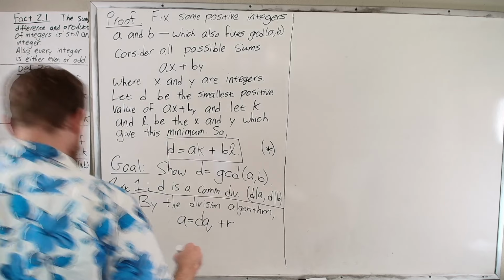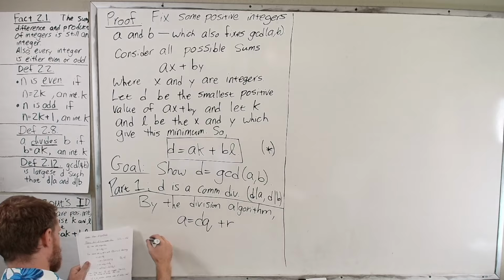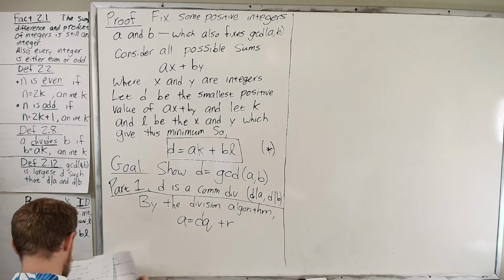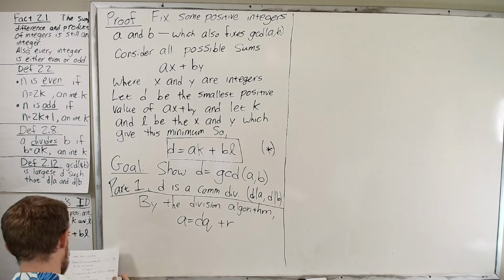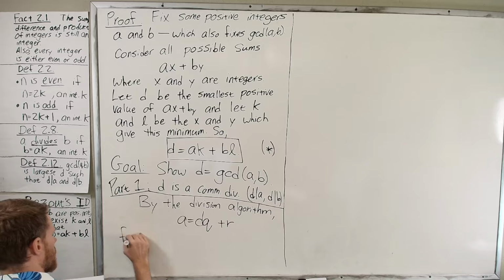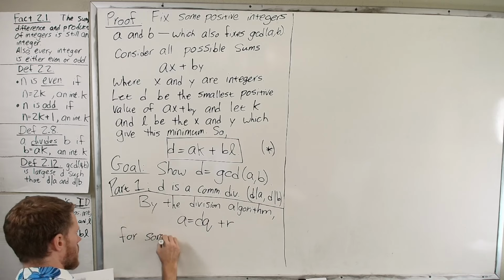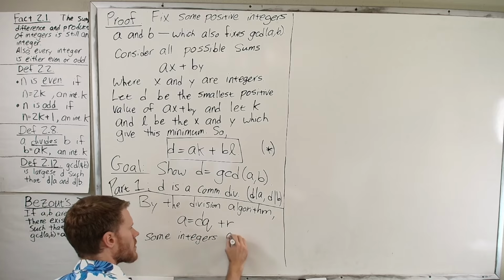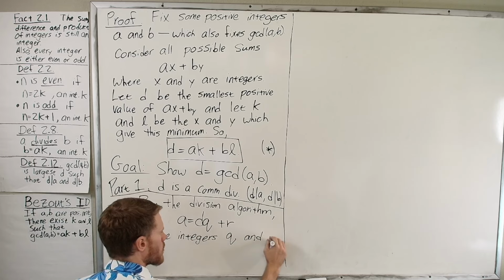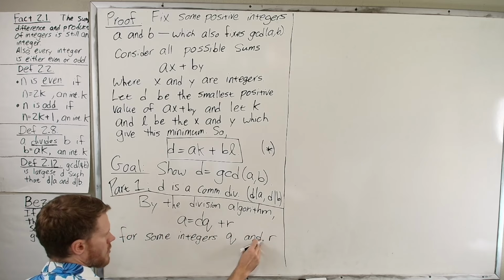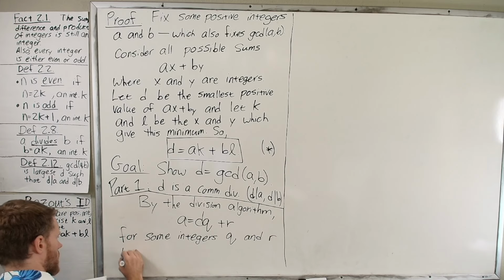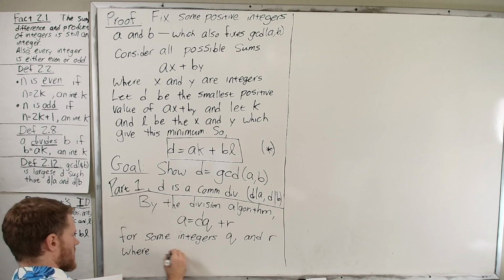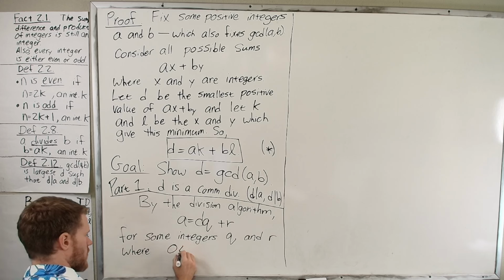Okay, so A equals DQ plus R for some integers Q and R. And the thing about R, remember there's that extra thing where R is never less than 0.